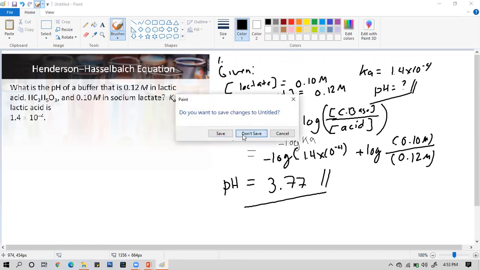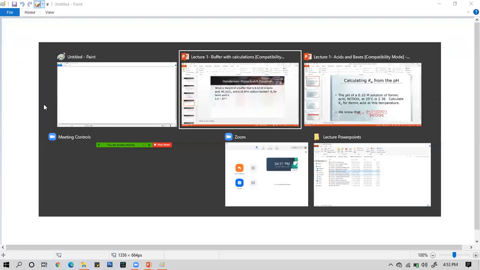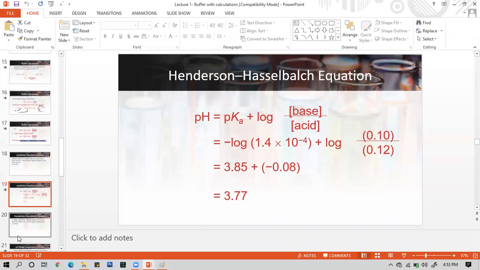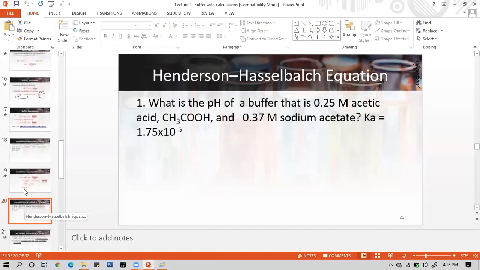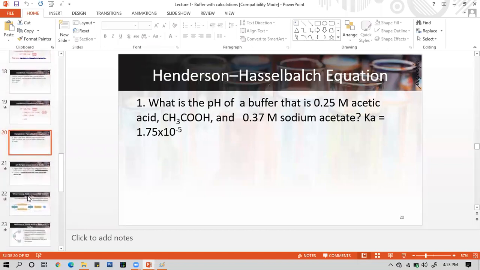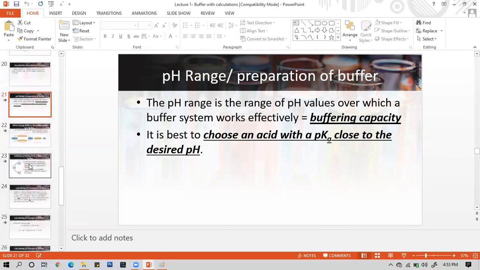Okay, let's proceed again. Proceed na tayo para mabilis. Now, I will skip this part here because this will be your exercise or assignment at home, homework ninyo, which you will turn in to me on or before Friday.